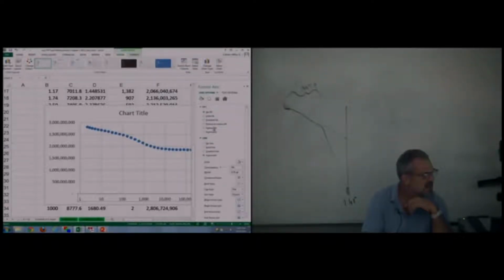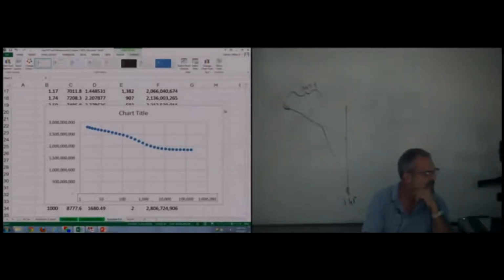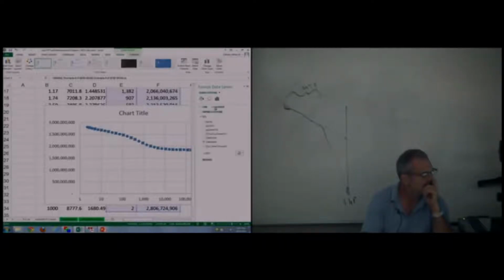Format axis, it says. Here's my marker. No fill. I want it red and I want it small.